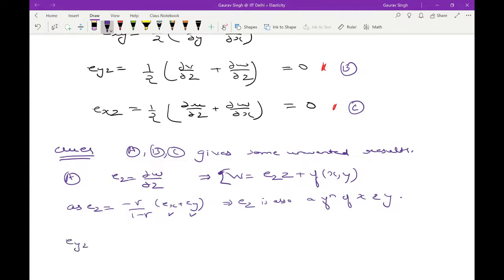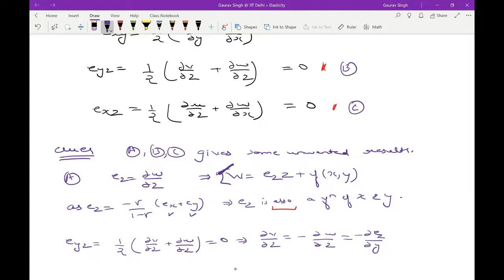Now εyz, and the word also is definitely important. Now εyz is clearly half of ∂v/∂z plus ∂w/∂y, which is equal to 0. This would imply that ∂v/∂z is equal to minus ∂w/∂y. But w is this, so we can write it as minus of ∂εz/∂y z.